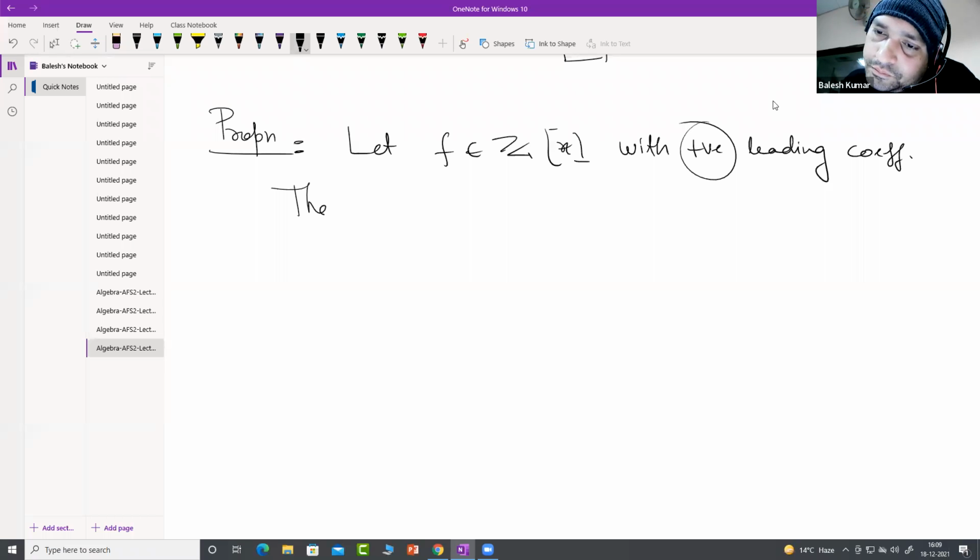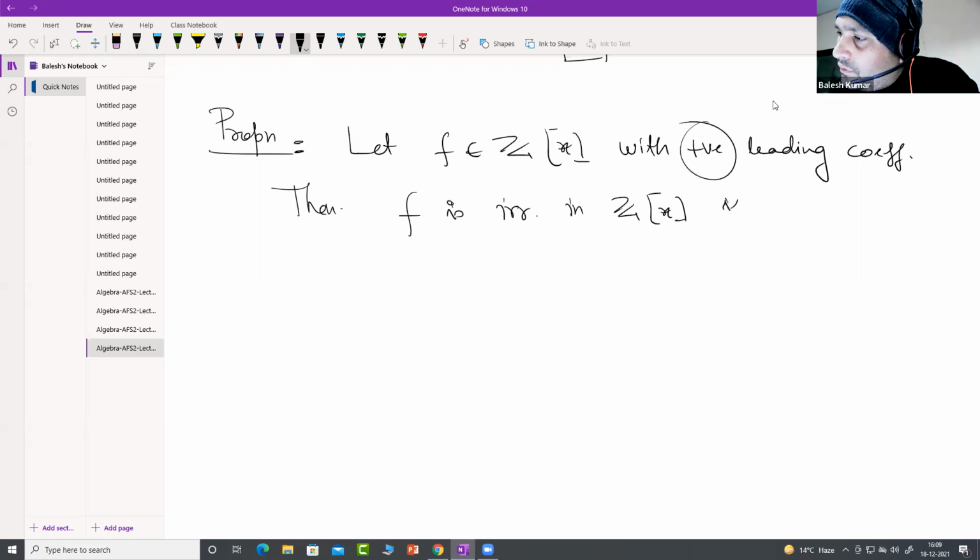Then f is irreducible in Z[x] if and only if either... irreducible elements in Z[x] will be of two types. For example, if you take a prime integer, it is also an element here, and we are going to say that prime elements are also irreducible elements inside Z[x].